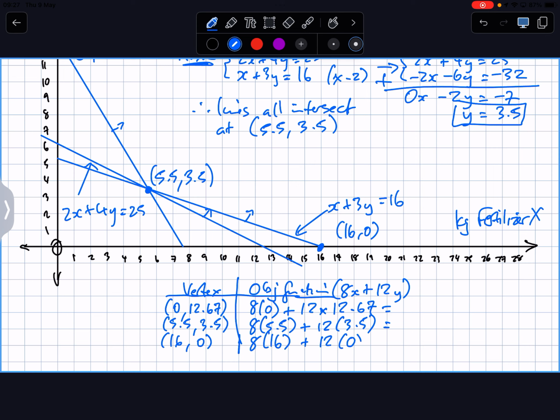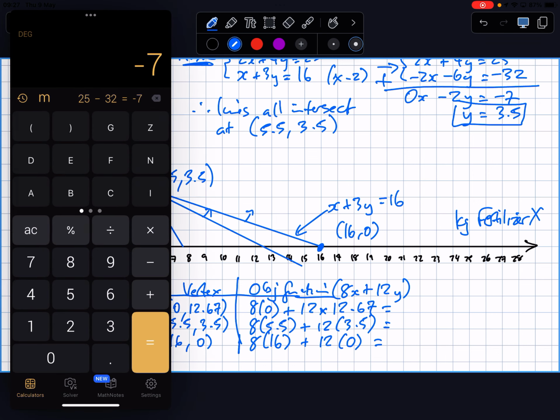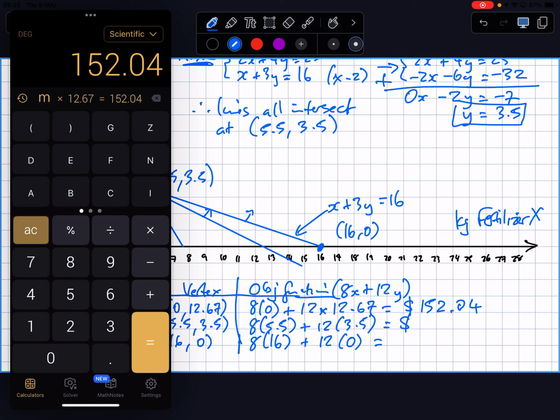Calculator out. 12 times 12.67. The first one is $152.04. 8 times by 5.5, 44.